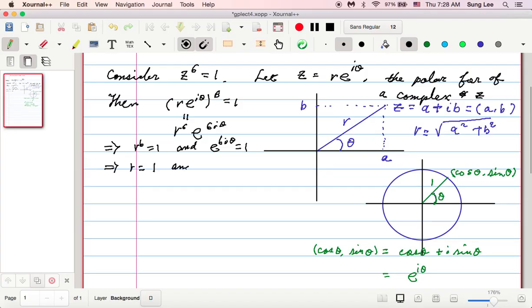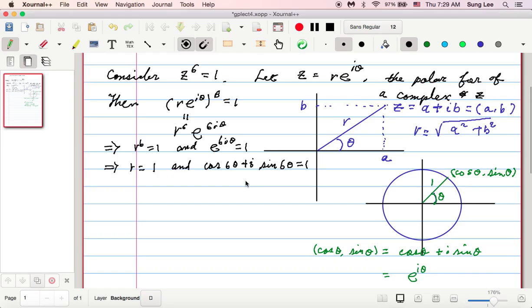From e to the 6i theta, that's the same as cosine 6 theta plus, by Euler's formula, i times sine 6 theta equals 1.